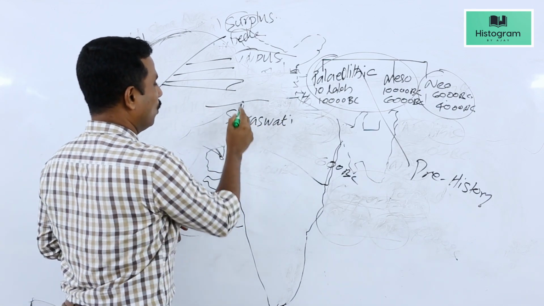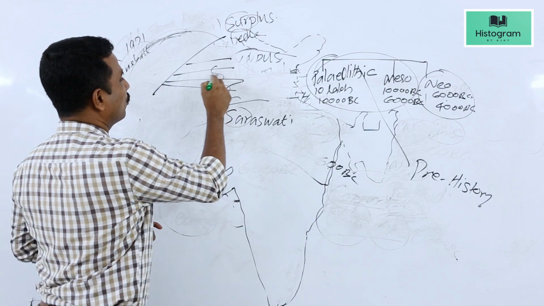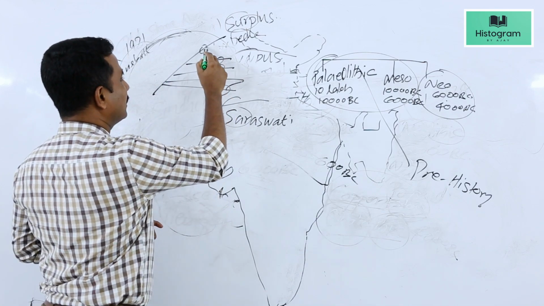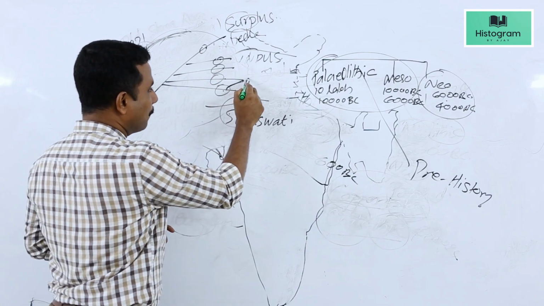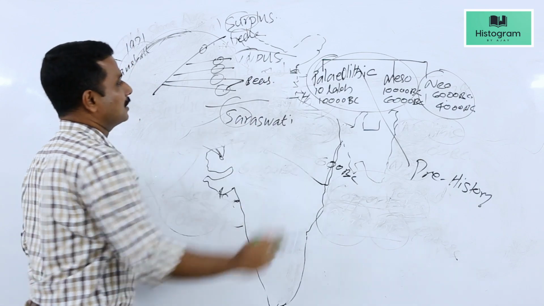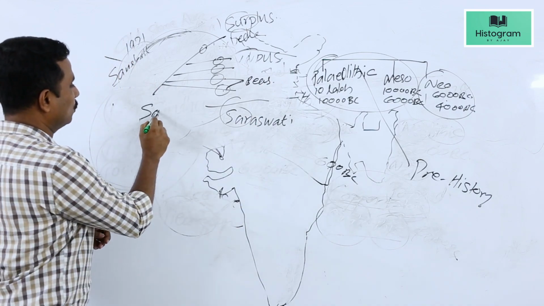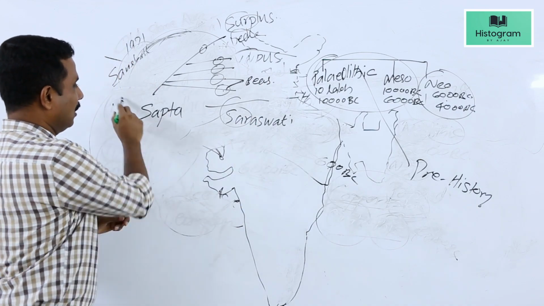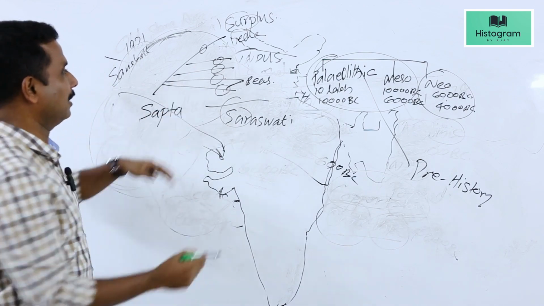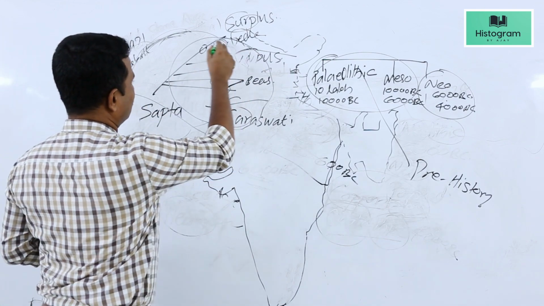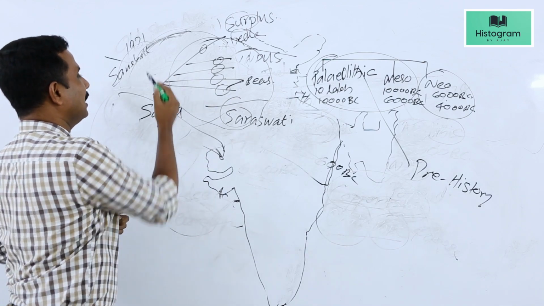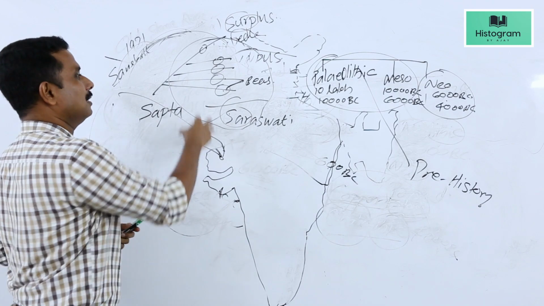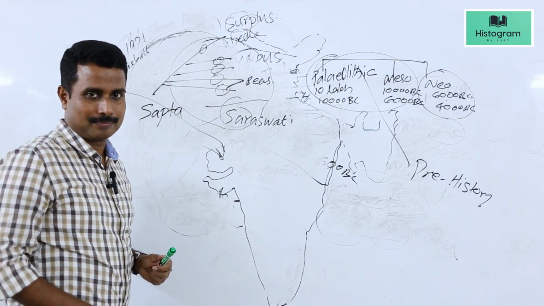So 7 rivers. The Sapta Sindhu region was the northwestern part of India, in present day Punjab, both of India and Pakistan. It was here that the early Aryans or Rig Vedic Aryans started living.